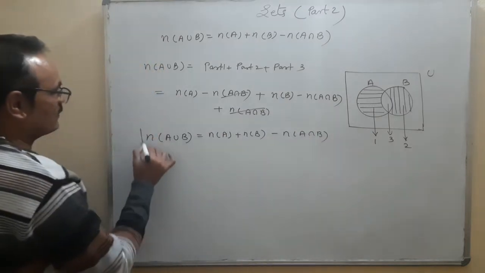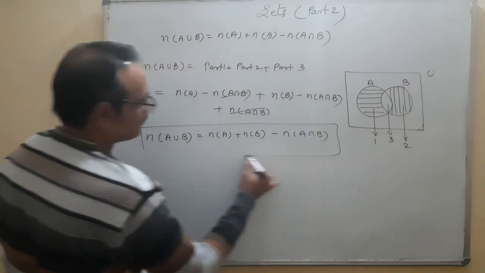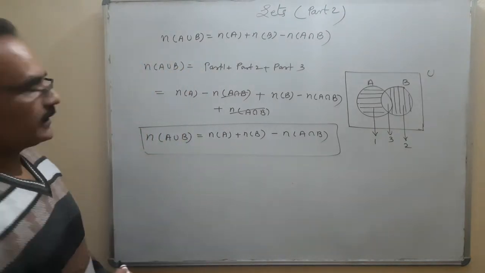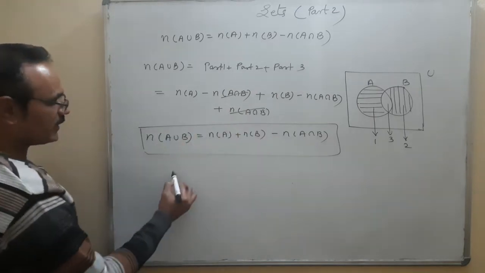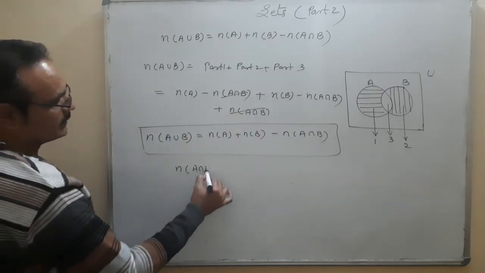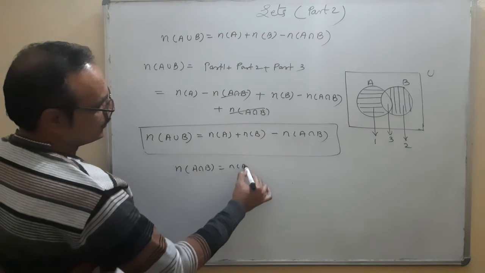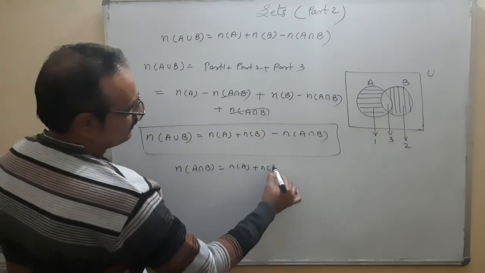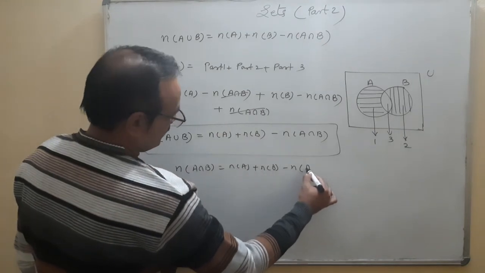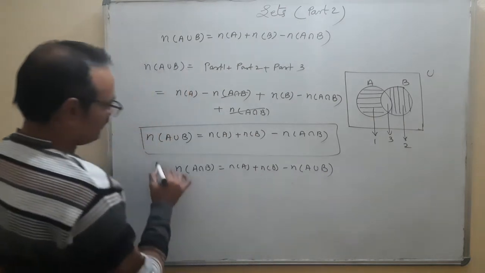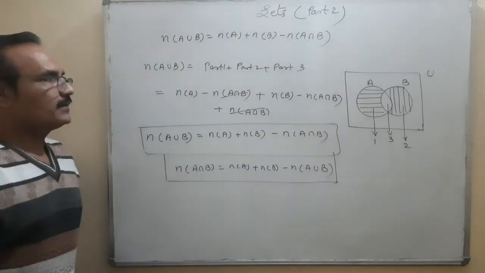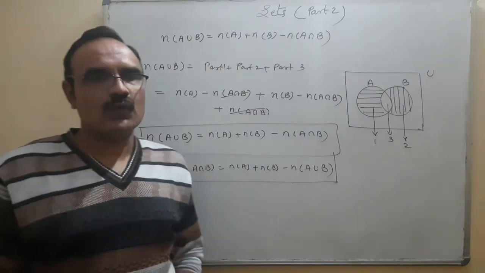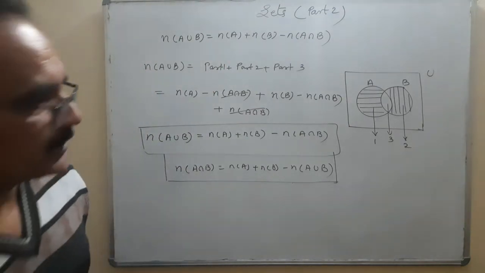Okay. This is the basic relation which we have proved between A and B. n(A union B) is equal to n(A) plus n(B) minus n(A intersection B). Or you can write here n(A intersection B) is equal to n(A) plus n(B) minus n(A union B). That can also be used. Okay. So this is the verification of this one. Now we are taking n(A union B union C).